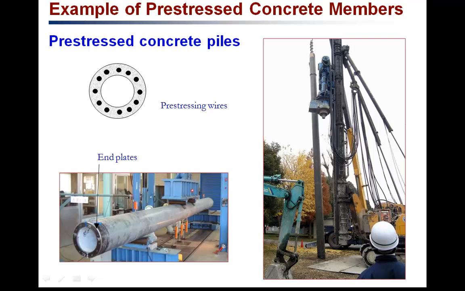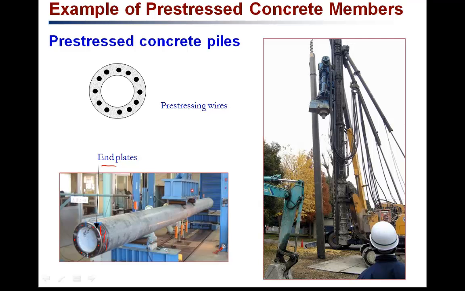And now these are some examples of pre-stressed concrete members. This is an example of a pre-stressed concrete pile. These piles are used for high-rise buildings. As you can see here, these piles consist of a number of pre-stressed wires, and they are locked using this end plate at the end. So these help as anchors at the end.